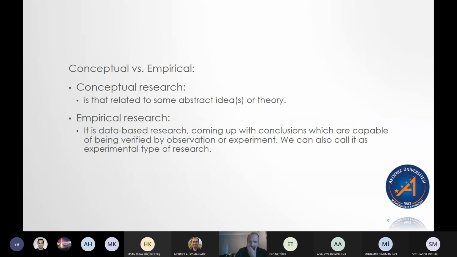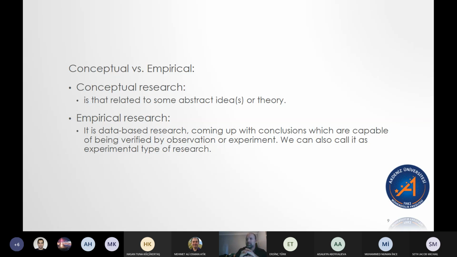You'll also have some types of research that are conceptual versus empirical. Conceptual is just the theory or idea that exists out there. Empirical is more data-based, where you can verify things either by observation or experiment.